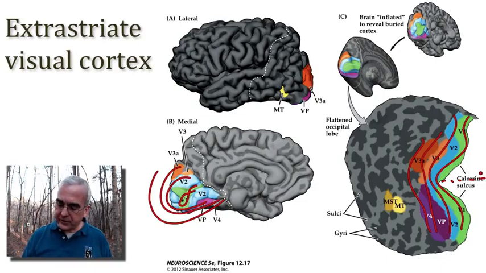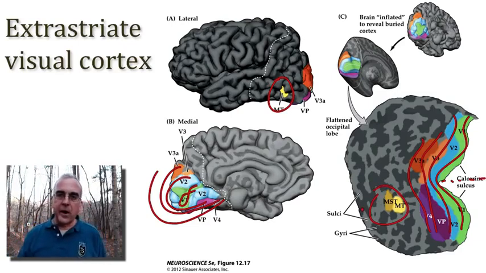Now, I want to draw your attention to a particular location, which is found out here in the inferior border region between the lateral temporal cortex and lateral occipital cortex. It's where we find a couple of visual areas that we call area MT, or sometimes the MT plus region.